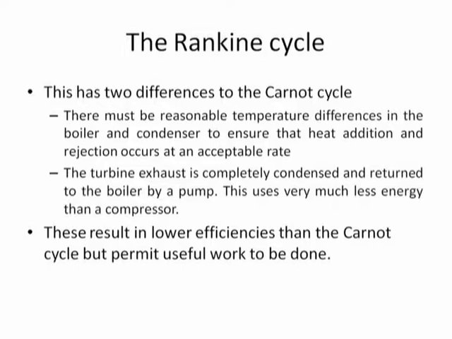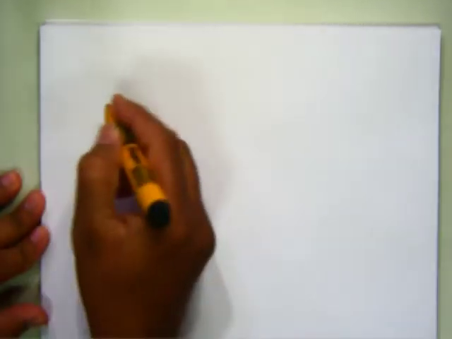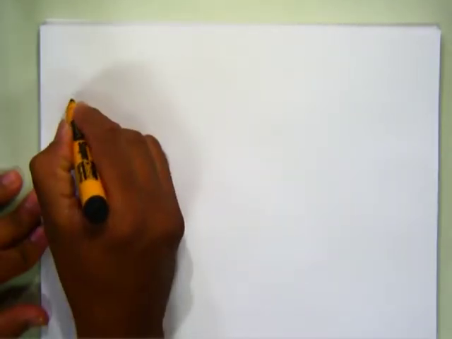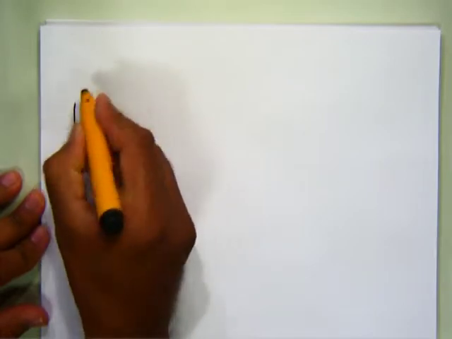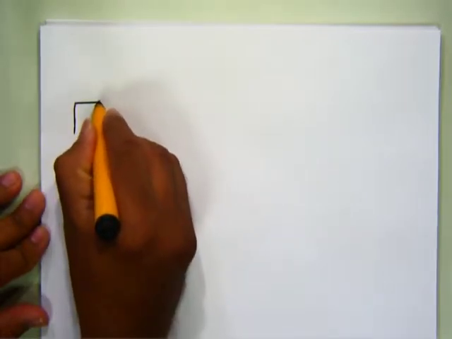Let us see the Rankine cycle. In Rankine cycle, there are four components. I will draw first the flow diagram of Rankine cycle.